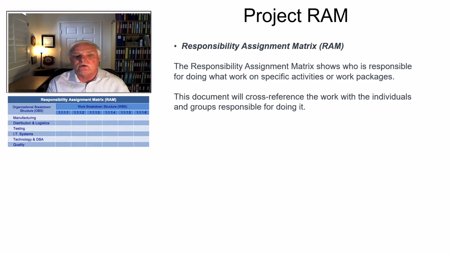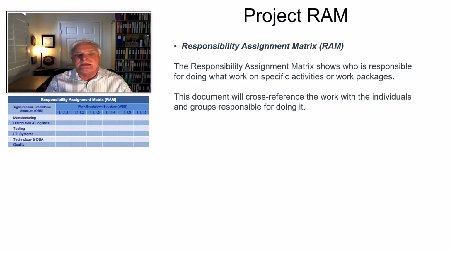If you take the work breakdown structure, which is the work required for the project, you'll see this matrix under the image that I'm showing you. That is a typical RAM, and it shows the work breakdown structure, what work must be done in each of the WBS areas, and then who or what organization is responsible for that.